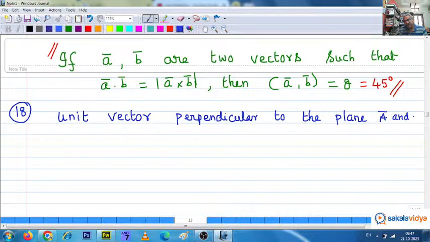Both vectors lie in this plane, so you can write n cap is equal to A cross B by modulus of A cross B.